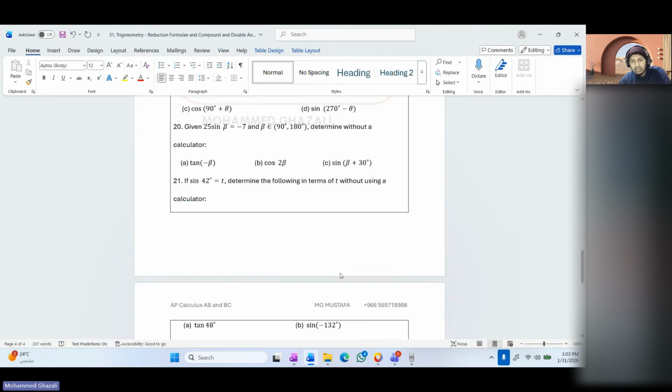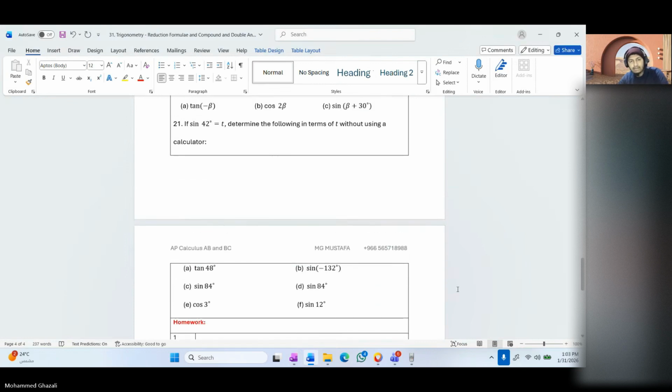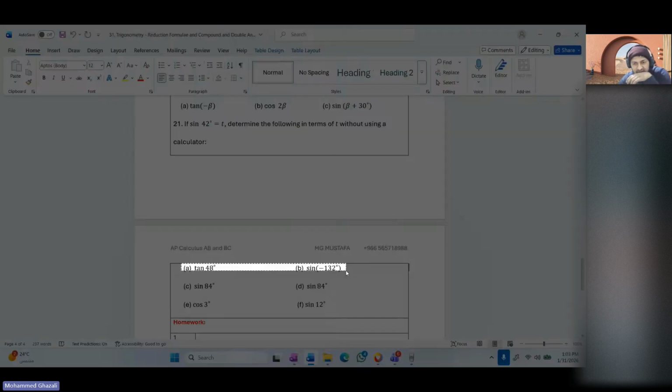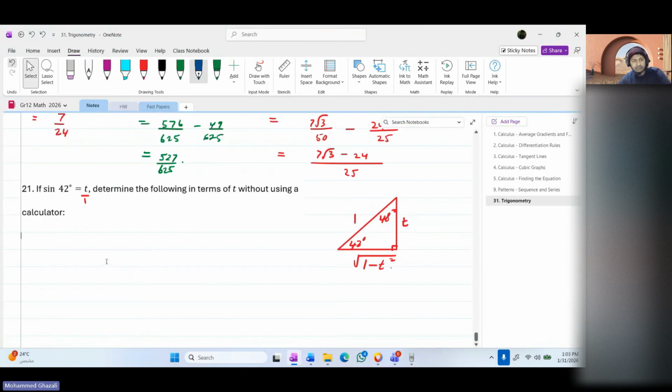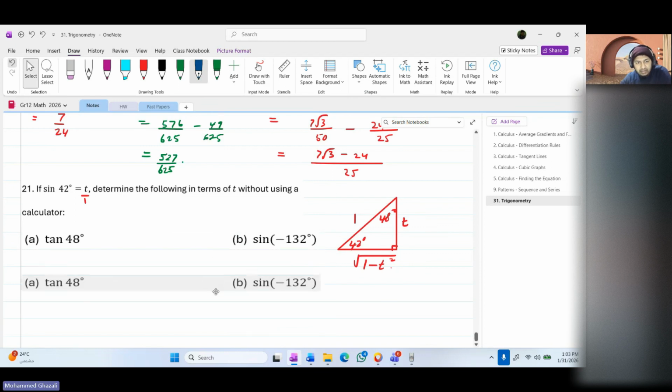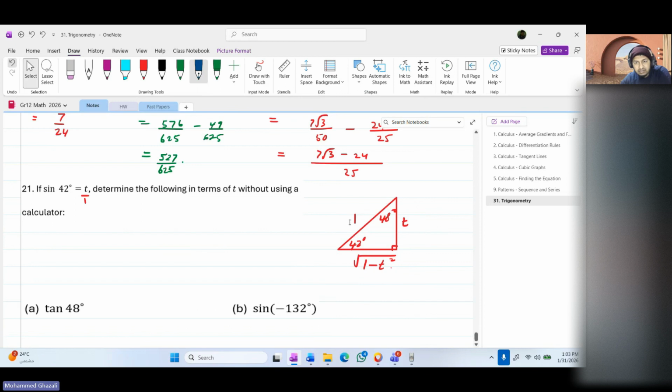So now question 1. I'm just doing one question on this. So A, B, C, D, E. Very important question, and it comes out in every single past paper. Right, so we want to solve what is tan 48? What's tan 48 from this diagram?